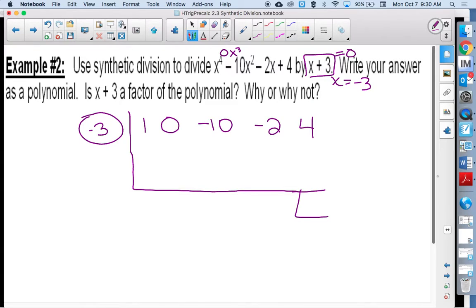So make sure you're looking at your powers. Is each power represented? If it isn't, then the problem changes from being something to the 4th, and the synthetic division actually thinks it's a cubed problem. So everything needs to be represented. So see if you can drop the first number down and try and use the synthetic division process. So you're multiplying by the number outside, moving diagonal, and then adding.